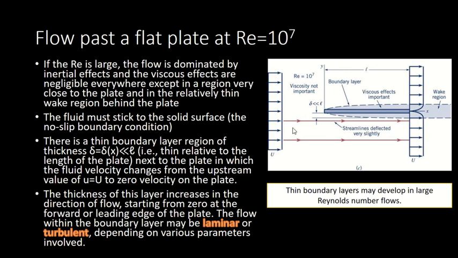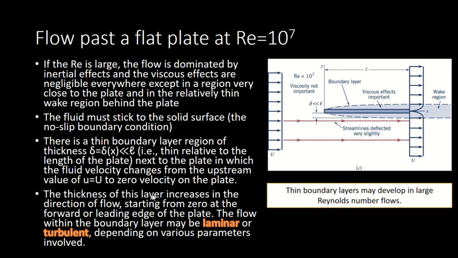So there is a thin boundary layer region of thickness delta much less than the length, which is thin relative to the length of the plate, next to the plate, in which the fluid velocity changes from the upstream value of u to zero velocity on the plate.